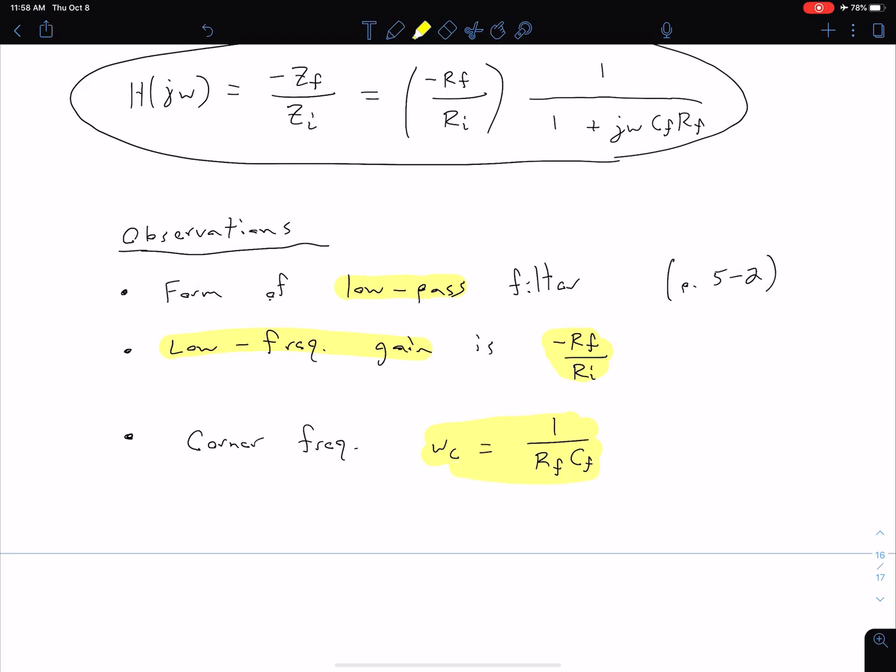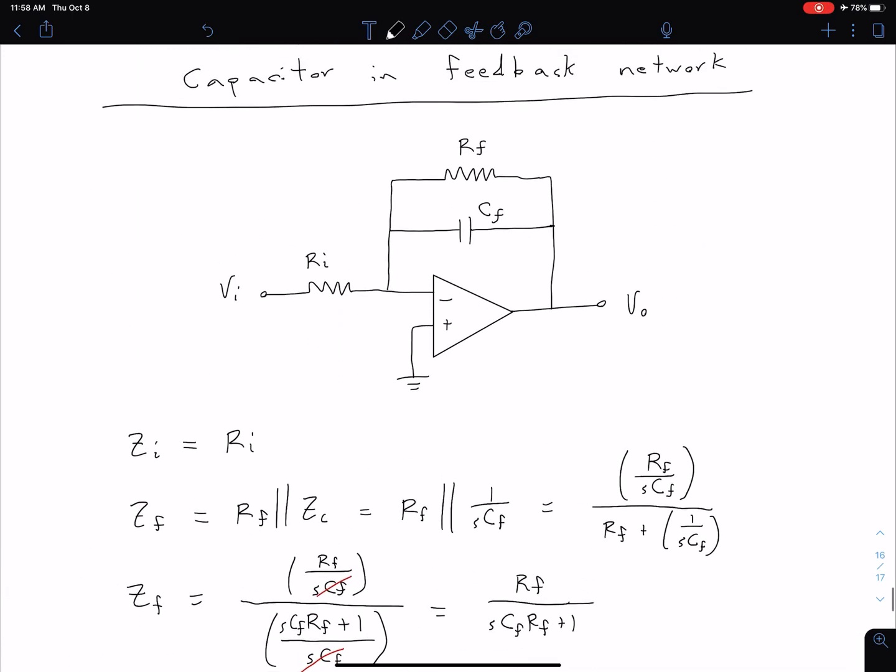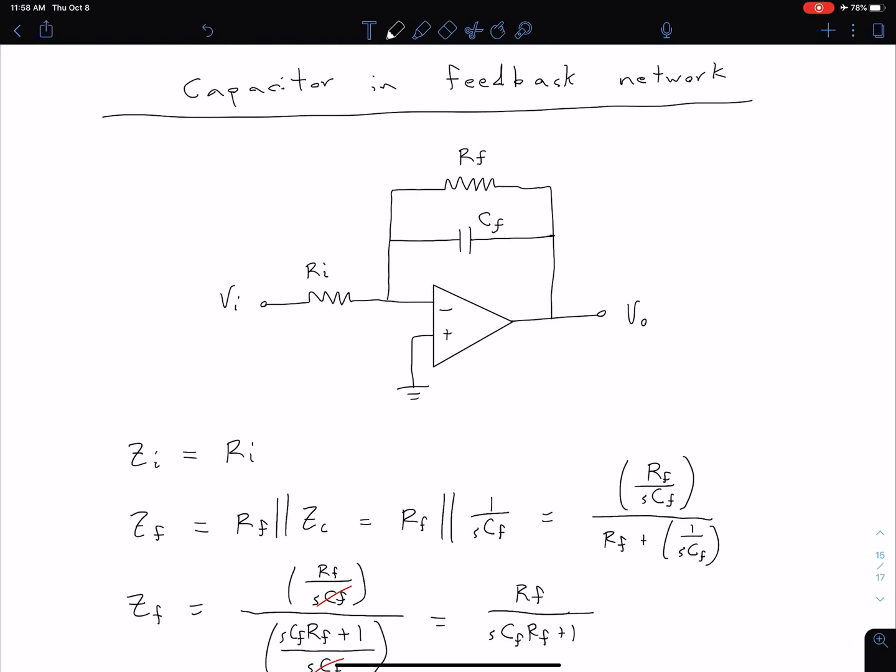So there are our three key pieces of information from analyzing this active circuit. The main difference we see here is that now we can have some gain to our signal in addition to selectively filtering. Without even writing any of this transfer function, doing any of this math, we could have determined this just from qualitatively thinking about what's going on with this capacitor impedance as frequencies change.